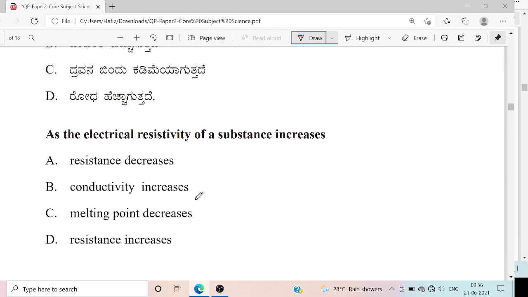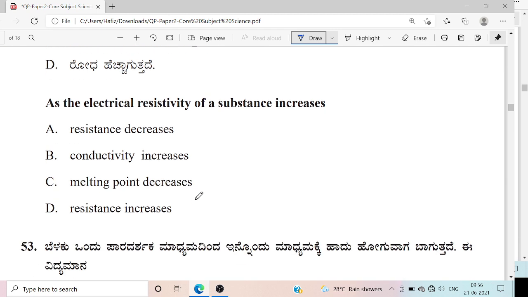Now the next question is on your screen. As the electrical resistivity of the substance increases. First we'll write the formula for this one: R equals rho L by A. Here you can see resistance and resistivity have a direct relation with each other.